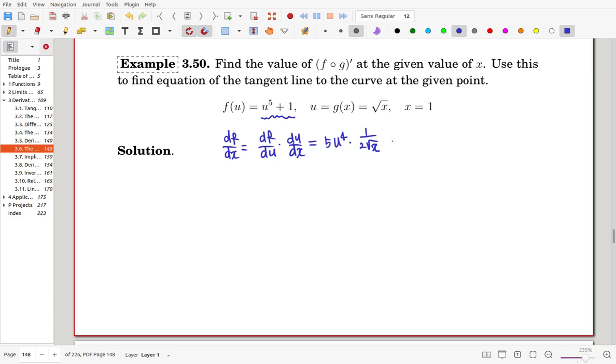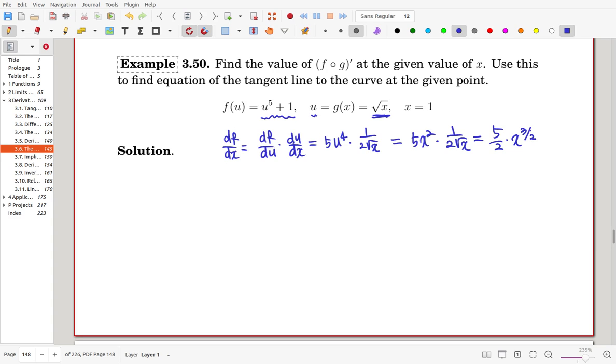So that will be changed: u to the 4 is the same as x squared, so 5 x squared times 1 over 2 square root of x. So it is a negative half power. So now the coefficient is 5 over 2 and x to the 3 over 2.